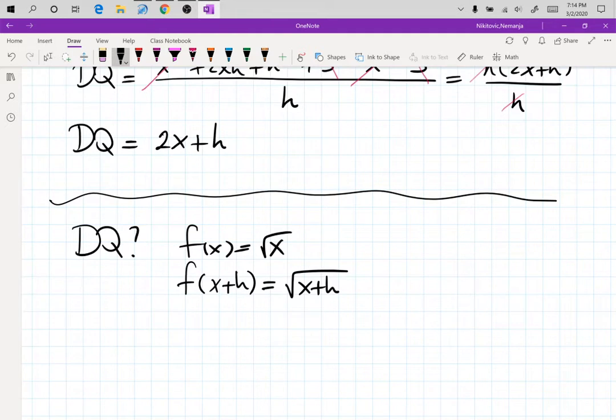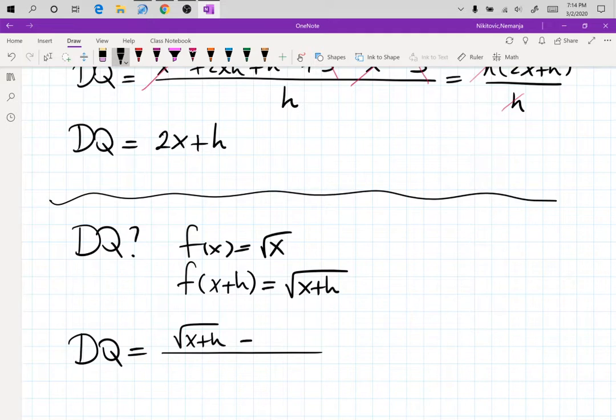Are we all agreeing on this? Yeah? Bueno. Then I'm going to throw it in now. That's where I'm getting lost. So we have the square root of x plus h minus the square root of x, divided by h.